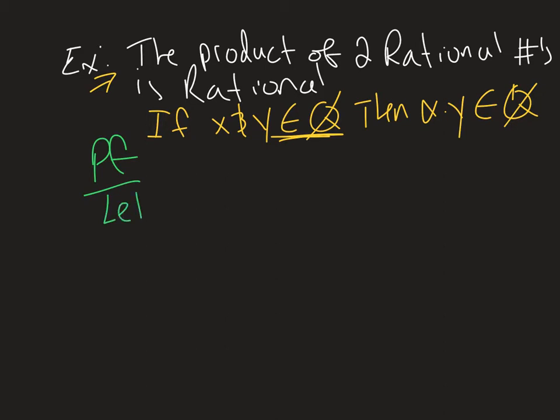We're going to let x and y both be rational. Now, remember that for a rational number, technically there's two working definitions. There's one with the decimal, where we're talking about a terminating or repeating decimal. That one's a little difficult to work with in a proof. I prefer the one where if a number is rational, then it can be written as a fraction involving only integers. This is where I'm using the definition of rational.